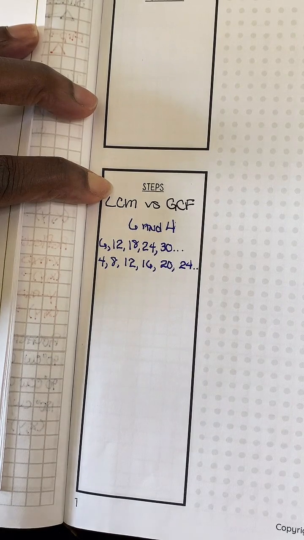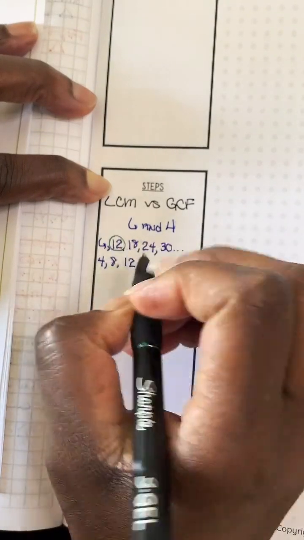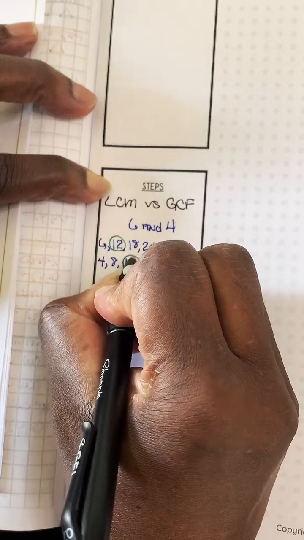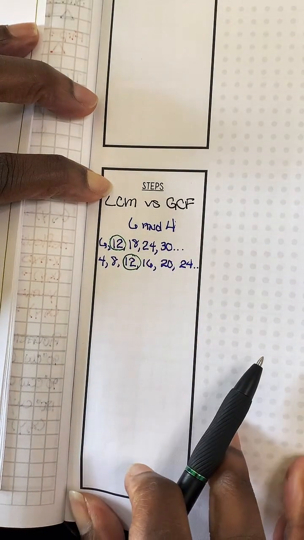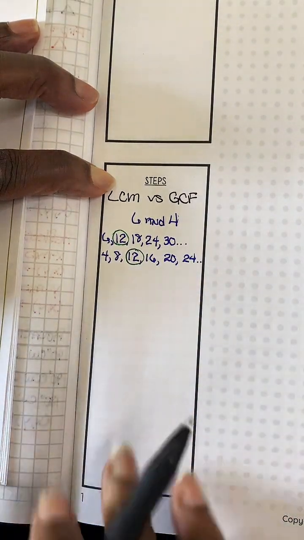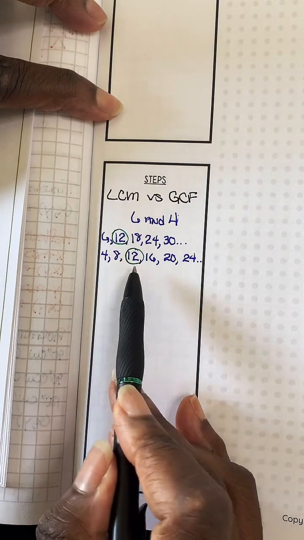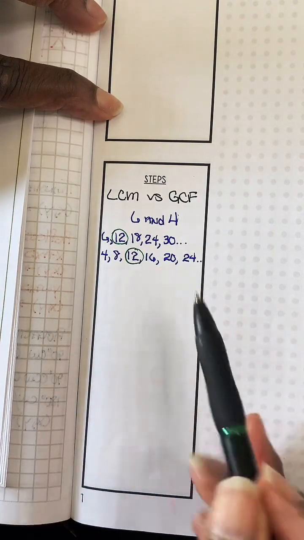Okay? But your least is right here with our 12. 24 works, but 12 works so much better. Okay, so your least common multiple is going to be 12.